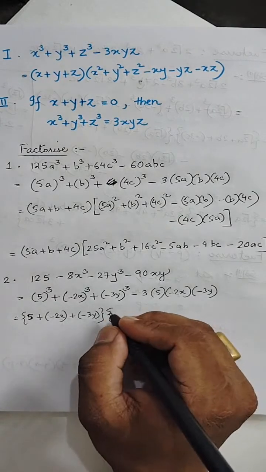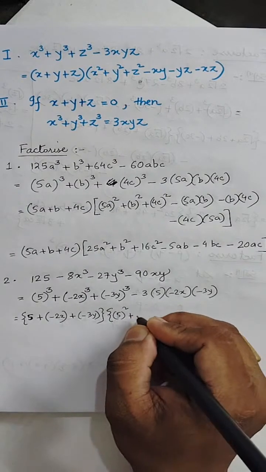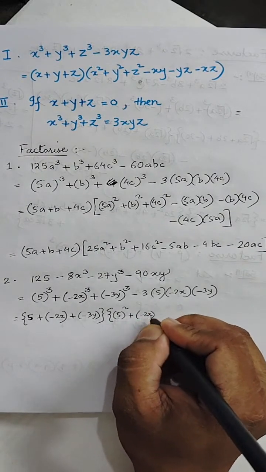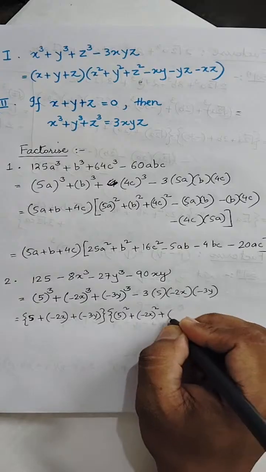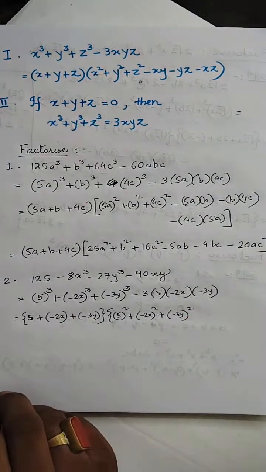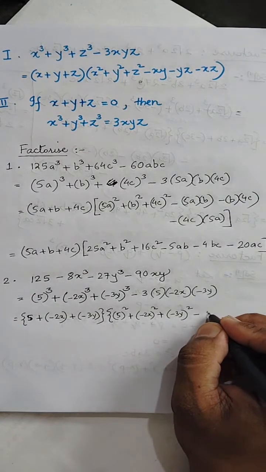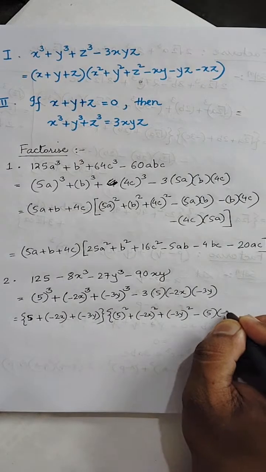Then this will be 5 whole square plus minus 2x whole square plus minus 3y whole square minus 5 into minus 2x.